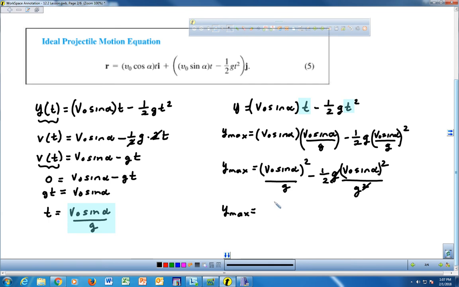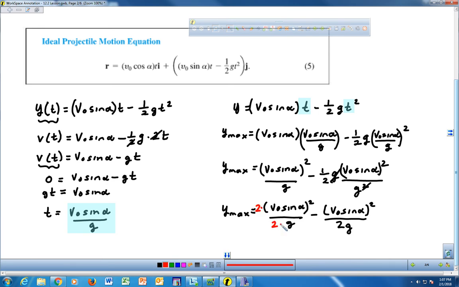The gravity simplifies with gravity right here, so we're going to be left with the following formula. The maximum height is going to be the initial velocity times sine of alpha squared divided by the gravity minus the initial velocity times sine of alpha squared divided by twice the gravity. You see, we have 2g on this one. So if I want to combine these two fractions, I need to have the same denominator.